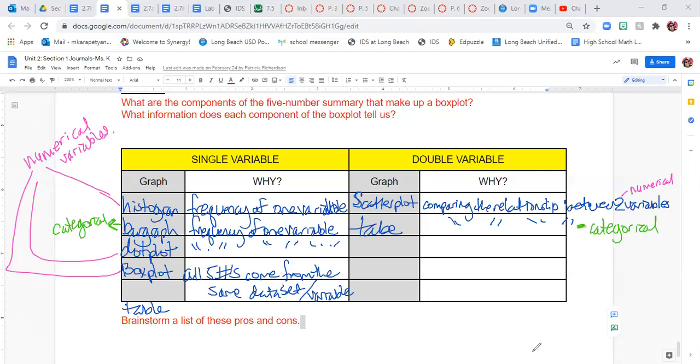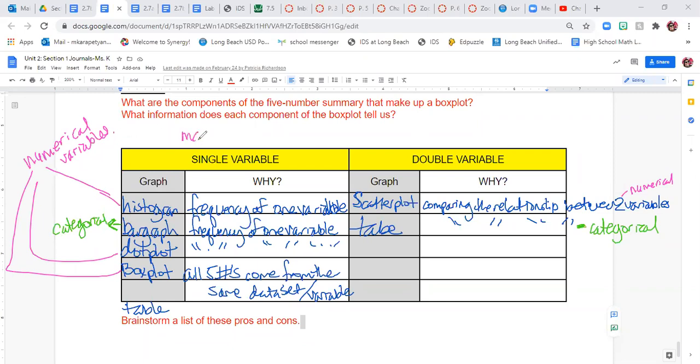Okay, so some nice review there for you guys. Because you have to realize it's important to know when to use what kind of variable. If you try to make a histogram with a gender variable, gender is categorical, right?